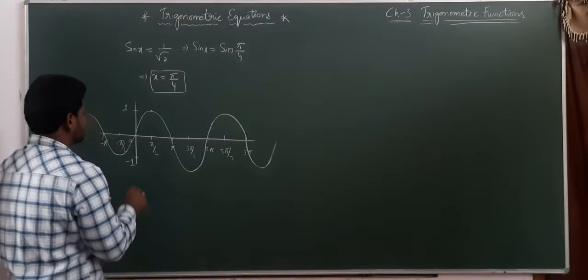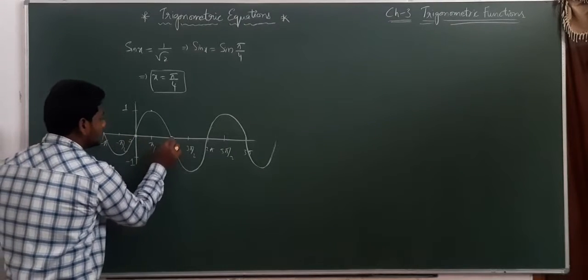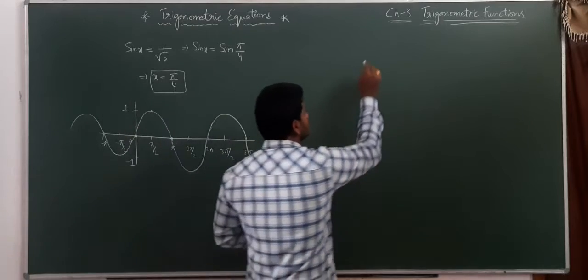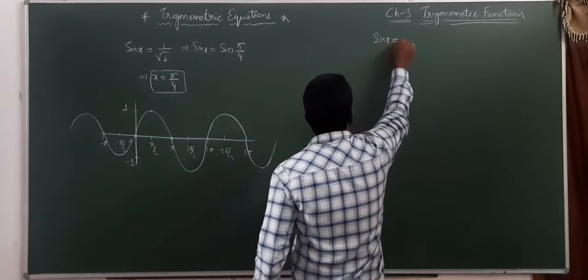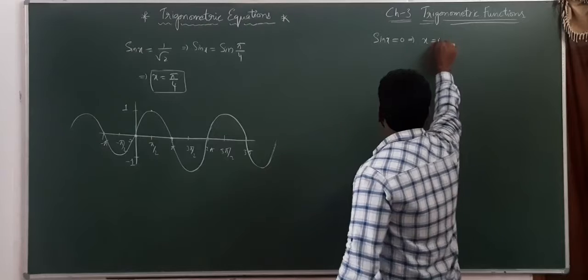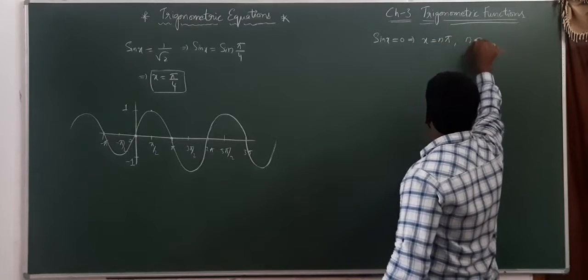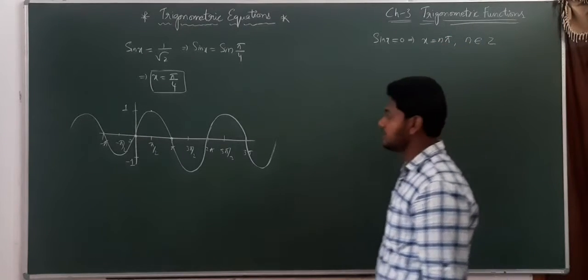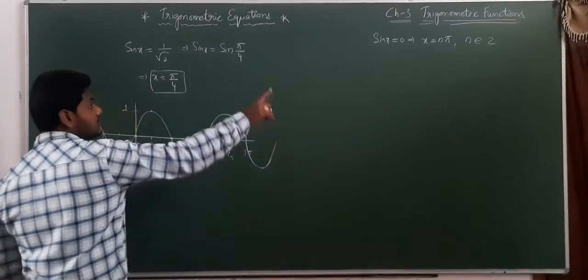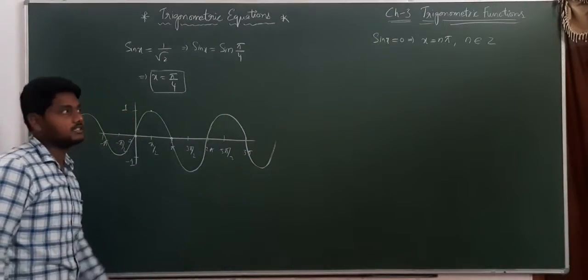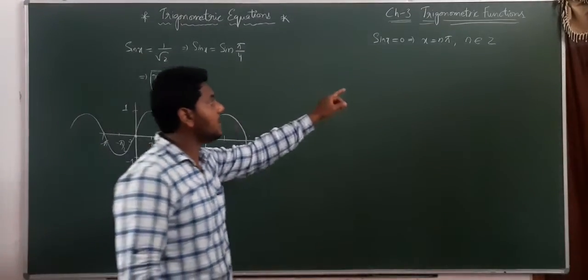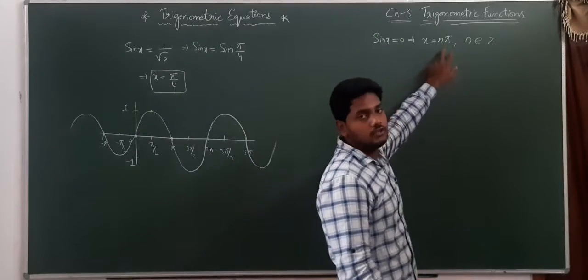Already we know that if sin x equal to 0, what may be x? X is equal to n pi, where n belongs to Z. Sin x equal to 0 means x is equal to n pi, n belongs to Z. That means if sin x equal to 0, we have infinite number of solutions for x.